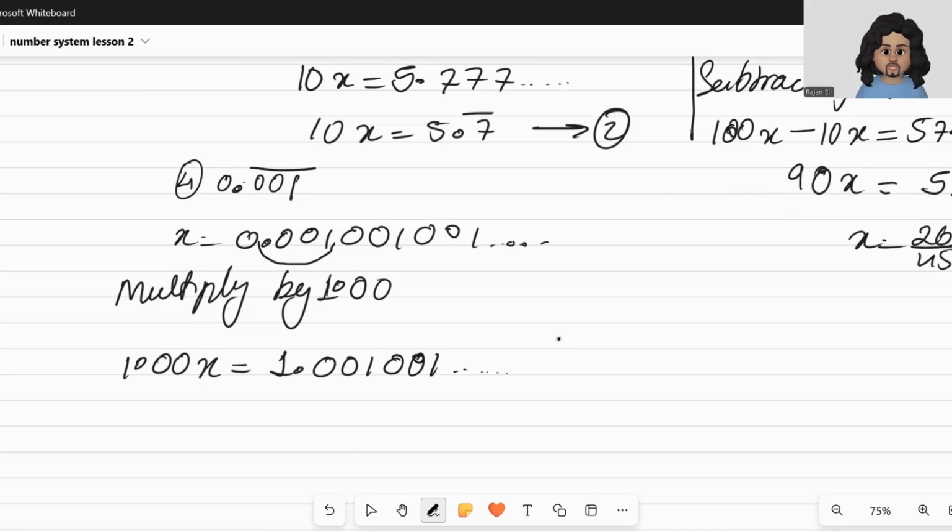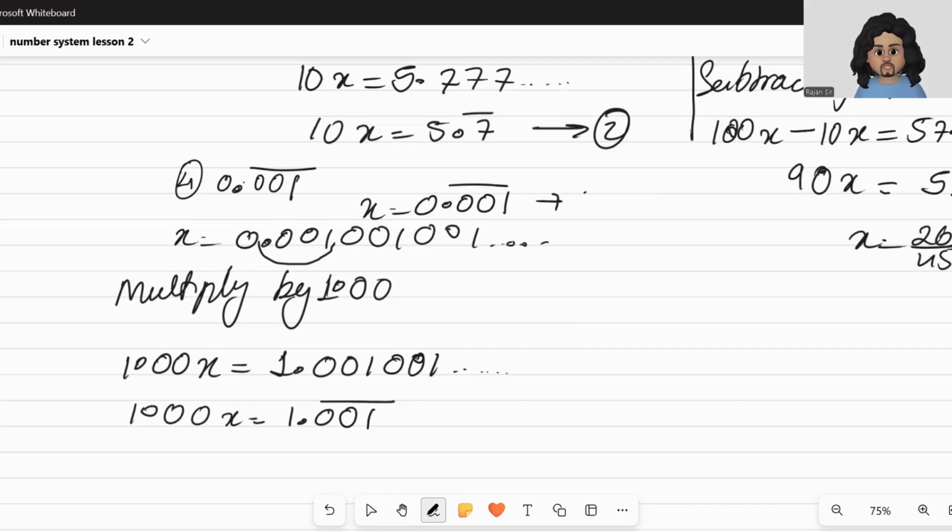Okay, so you can shorten this. We have 1000x is equal to 1.001 bar. Now using the same idea. Okay, so we have x equals to 0.001 bar. Let's take it as equation number 1, and take this as equation number 2.